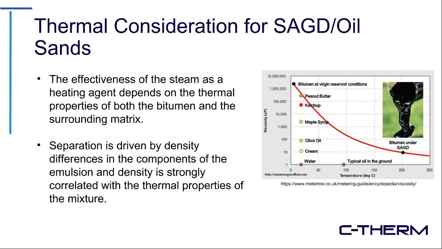Again, the separation is driven by the density differences. The graph on the right helps illustrate the point for someone who might not have seen or handled bitumen before. In the top left, in its virgin reservoir conditions, where it would be found in nature, it's very, very viscous, more so than peanut butter, if you can use that as an example.